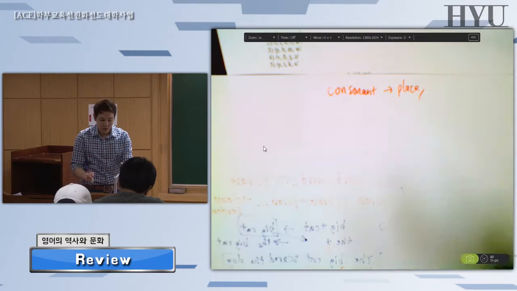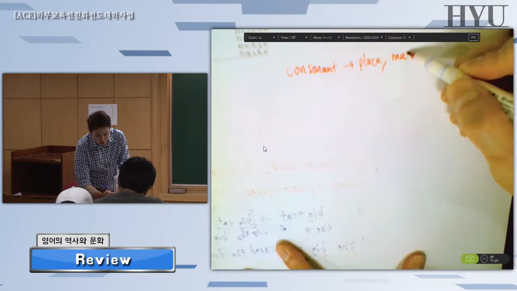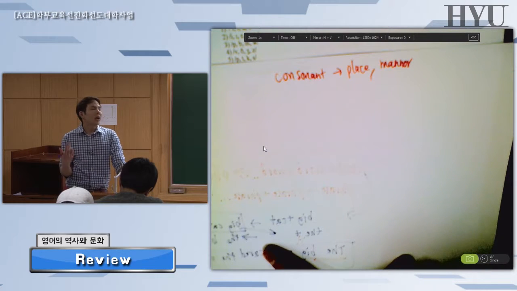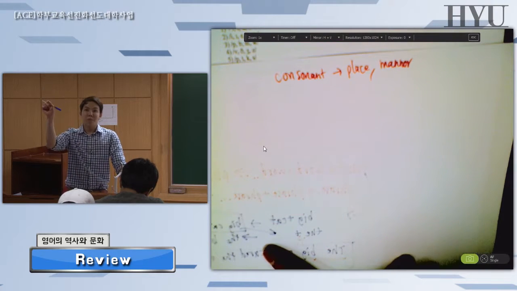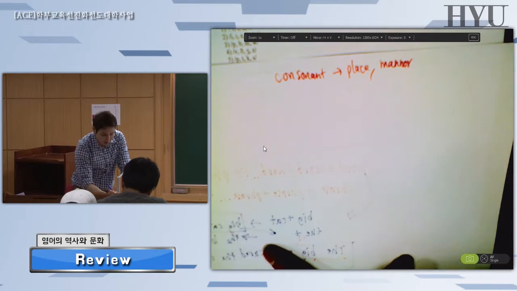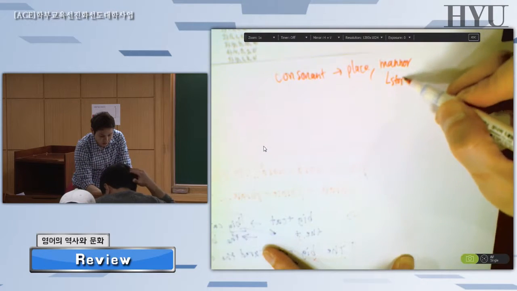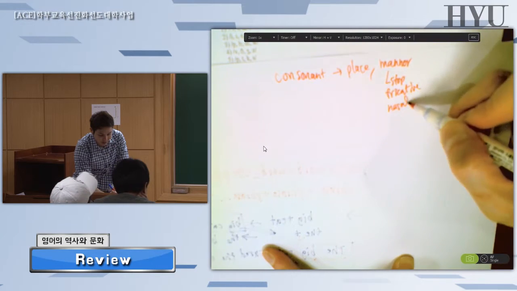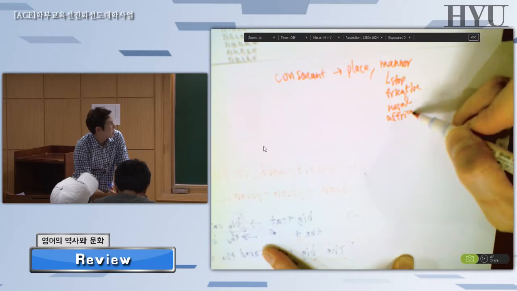So all those things, okay? And then the manner. Remember the manner? Remember, the manner is like stop, fricative, affricate, nasal, right? All these terms. Stop, fricative, nasal, affricate, and so on. Okay?